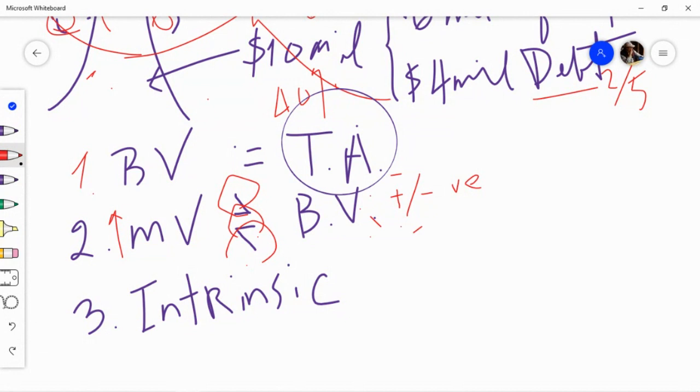But then that gap, the overvalued means the difference between, think about it, the intrinsic value, which is the value based on the future cash flow.